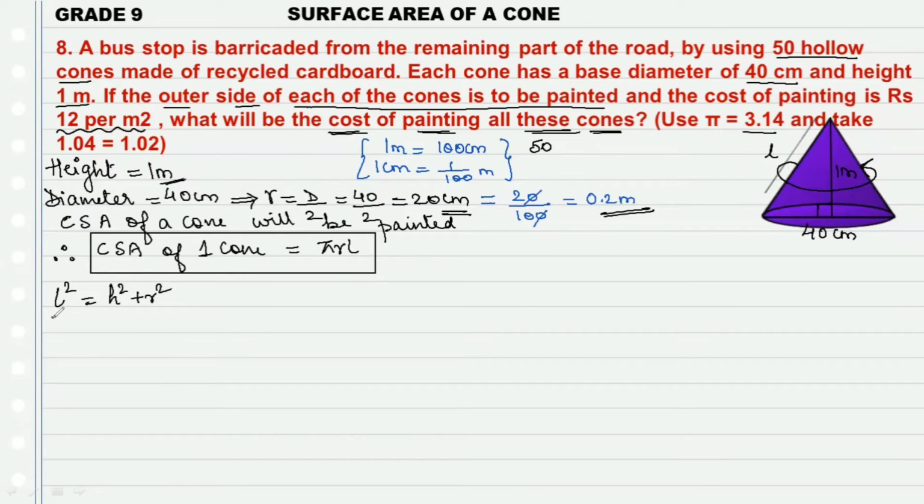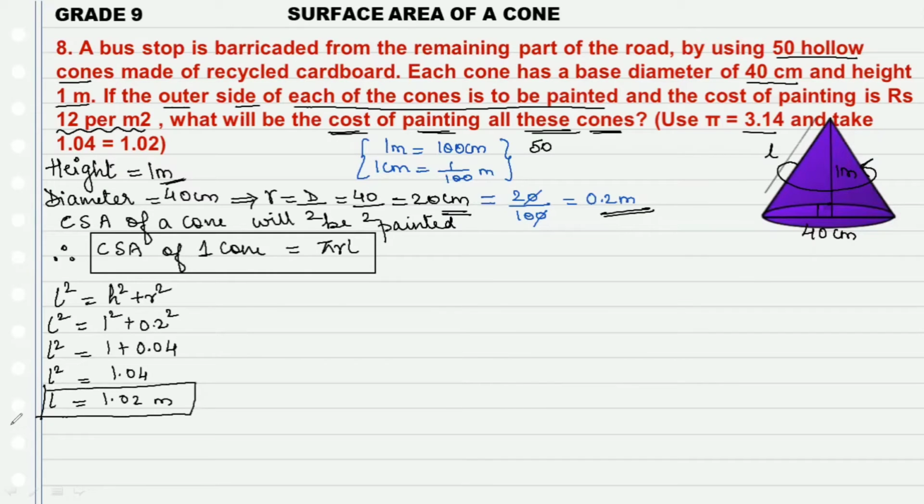So here substituting the values, we get L square as 1 square plus 0.2 square. So L square will be 1 plus 0.04. So L square is equal to 1.04. Taking square root on both sides, we get value of L as 1.02 meters.